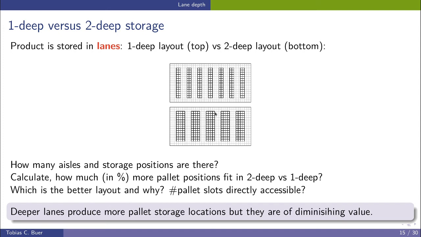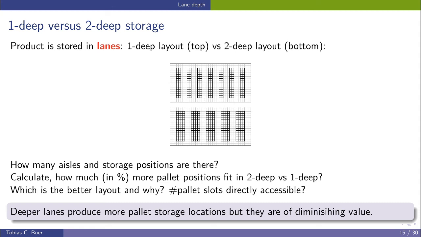What you will find is that the 2 deep layout is able to host more storage positions. Without actual numbers, this is immediately clear. We have more storage positions in the 2 deep layout.